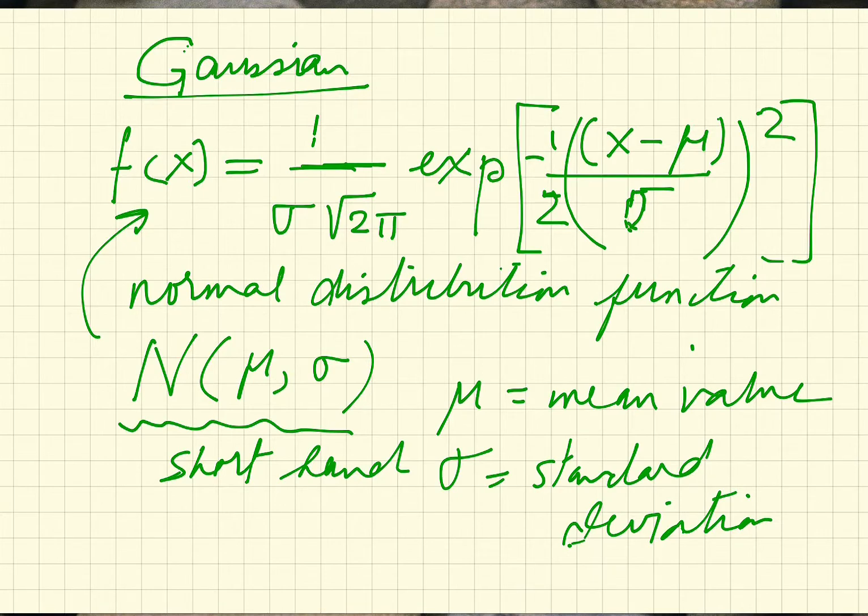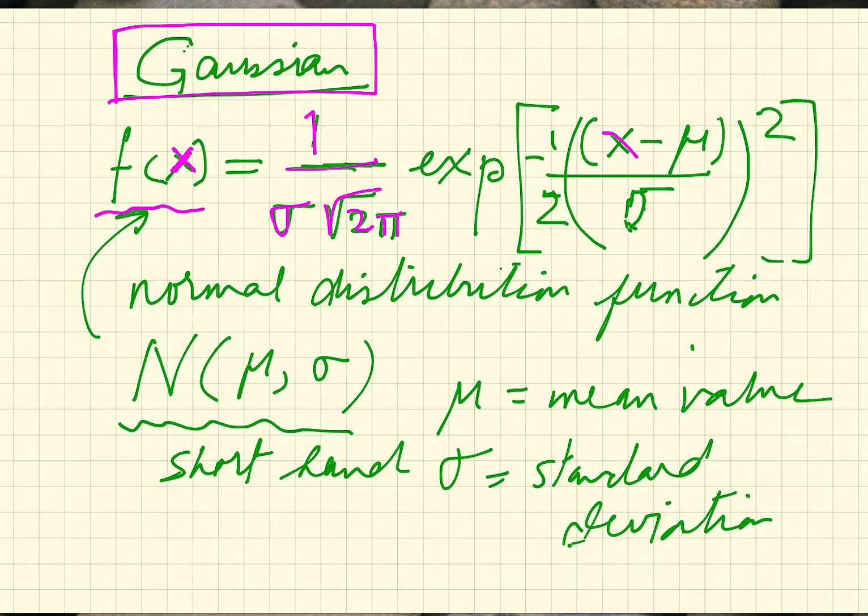And the most usable description is called the Gaussian distribution function, where f of x is equal to 1 over sigma times the square root of 2 pi times the exponential of -1/2 times (x minus mu over sigma) all squared, and that would be in the exponential. And when f of x is described in this form, then the random variable is x.